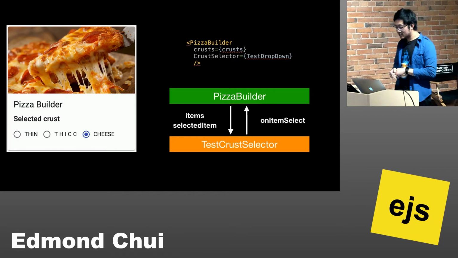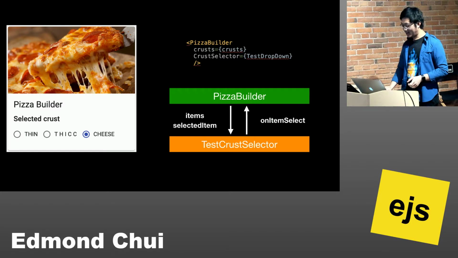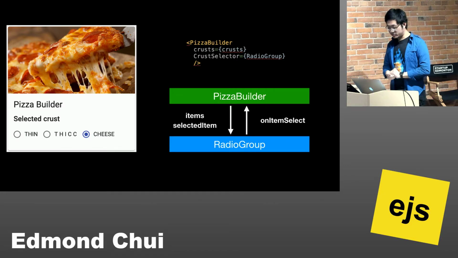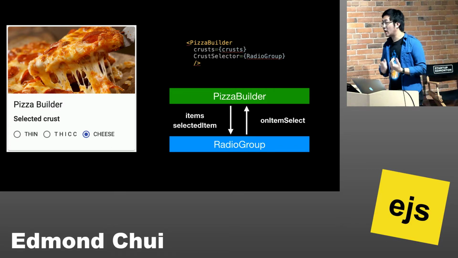So then you're going to tell them, yes, because you've attended this awesome talk that lets you do that. All you need to do is swap out the crust selector to a radio group. And because radio group implements items, select item, and calls your on-item select, that is all you have to do.